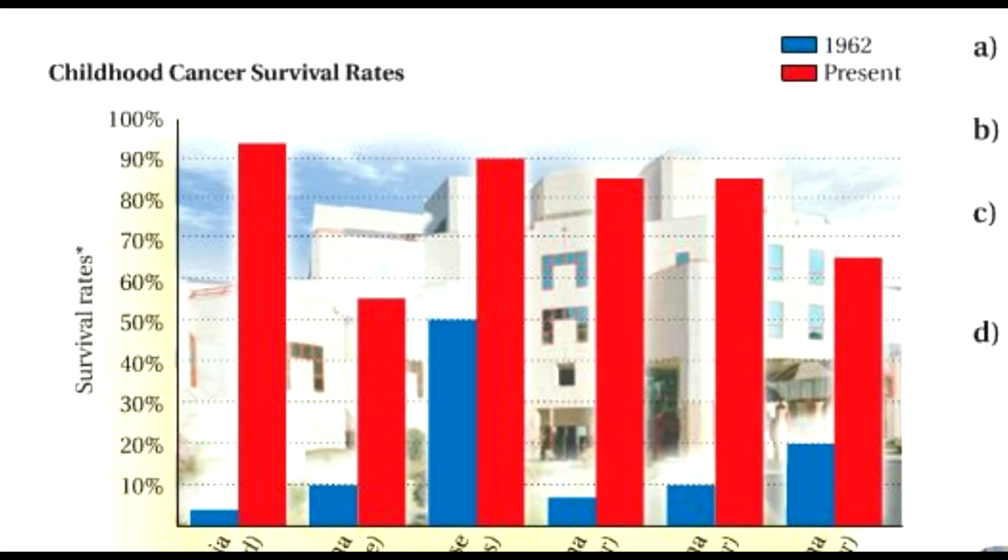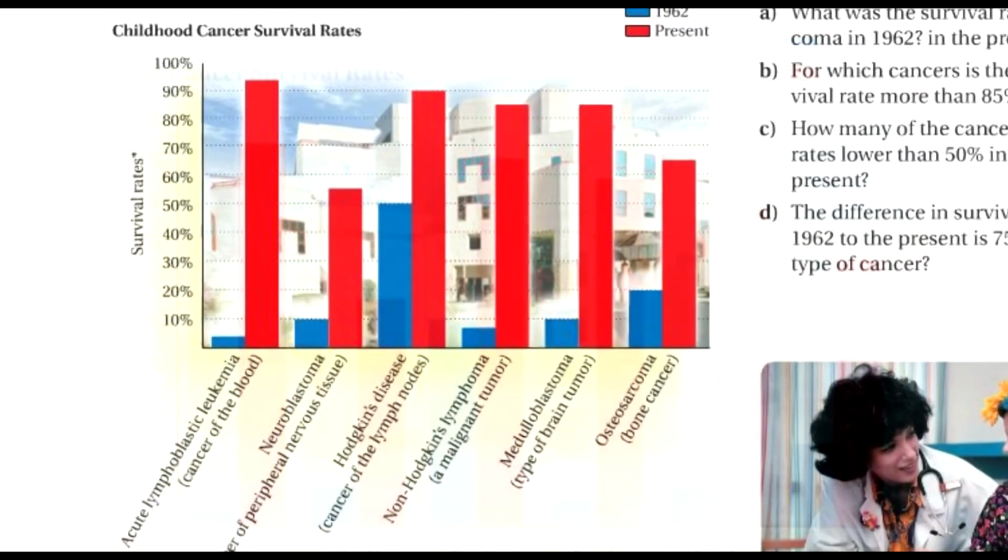And if you think about it, I wonder why. Why are there more survivors now than then? I bet you guessed it already. Yes. More science has been done. More research has been done to help discover new cures for childhood cancer. So young people are living longer.